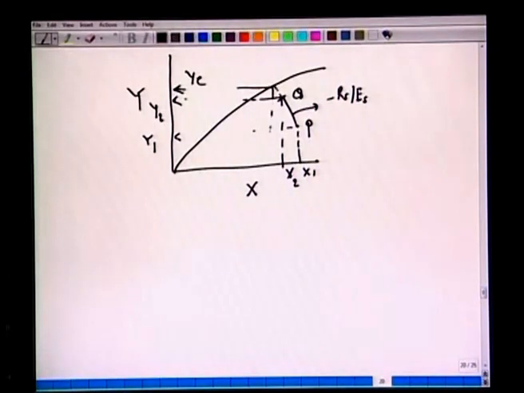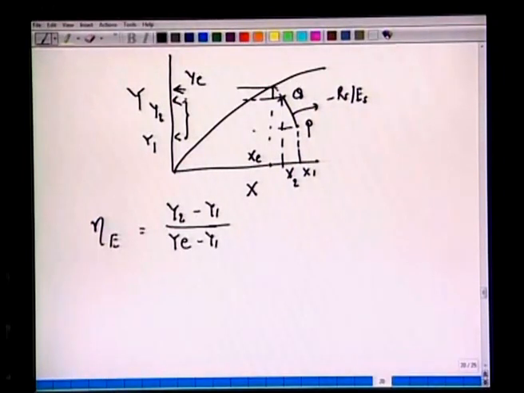Equivalent to this, we have this xe. So all it means is the maximum separation we can have, which means we can define efficiencies like eta e as y2 minus y1. So this is what we are achieving, y2 minus y1, starting from P and ending with Q here. And what maximum we can achieve is ye minus y1.